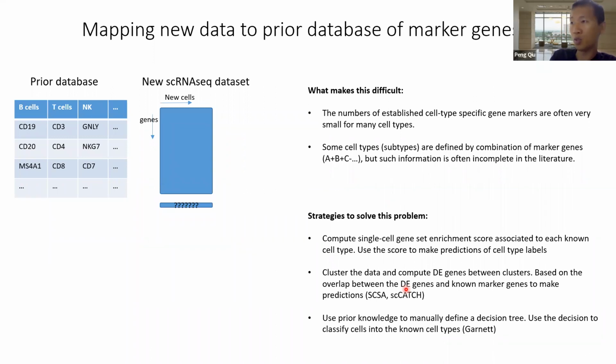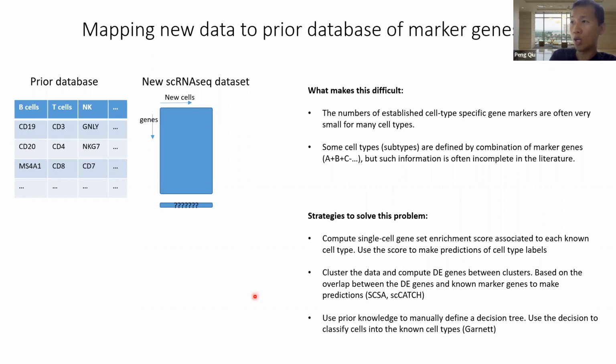And then they use these DE genes to compare against known marker genes and see whether there's alignment. If the DE genes for a certain cluster happen to overlap a lot with, for example, B cell specific genes, then that cluster is annotated as B cells.